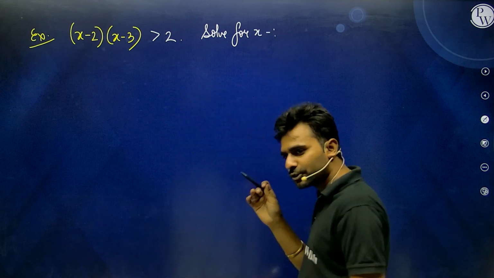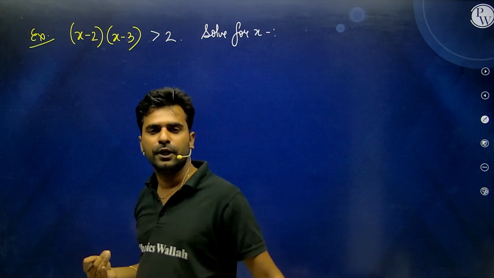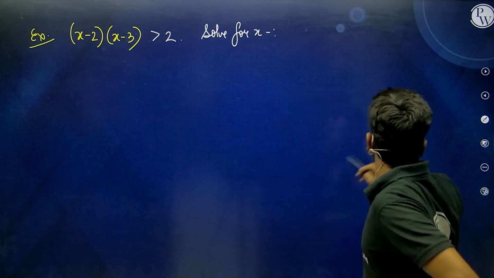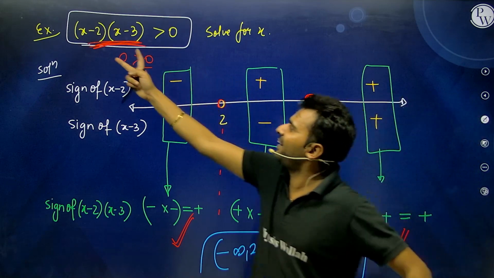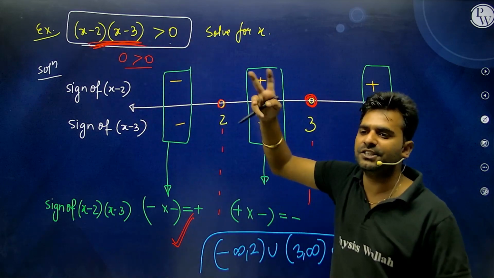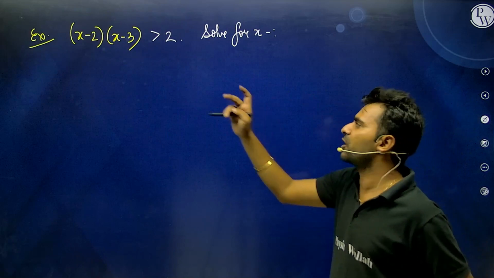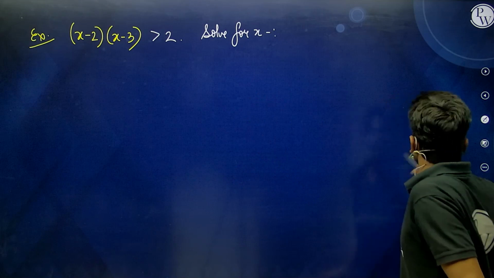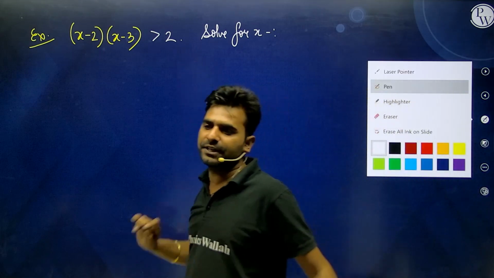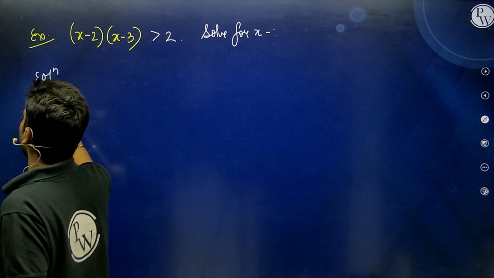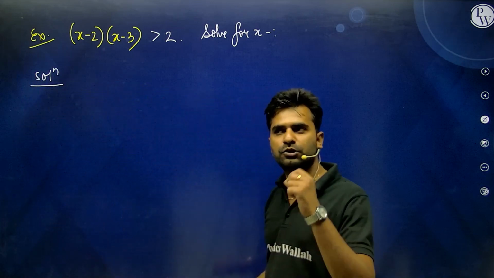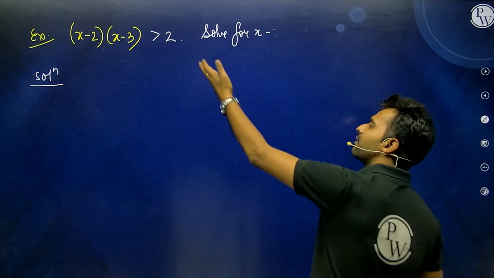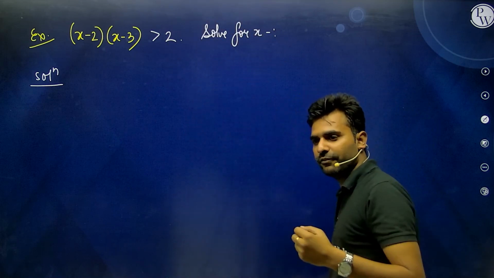Now look, it is always much easier for me to say whether the product of linear factors is positive or not, rather than whether the product of linear factors is greater than a certain value or lesser than a certain value. So what I always do is I try to make 0 over here, because it is easier to say whether the product of linear factors is positive or negative, rather than saying the product has to be greater than 2, so what should be the value of x.